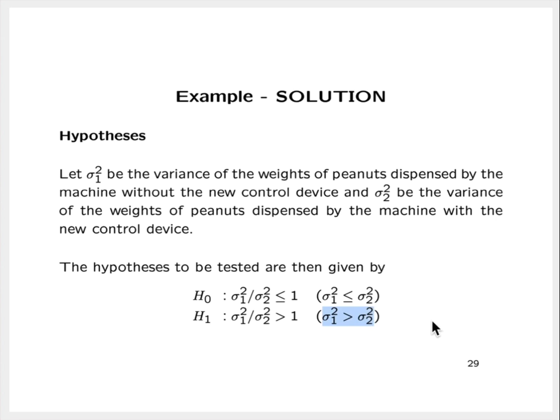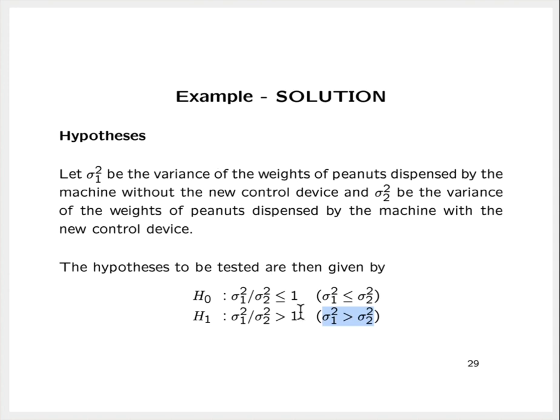Now, based on the definition of sigma 1 squared and sigma 2 squared, what we're looking to see is if there's sufficient evidence to conclude that sigma 1 squared is greater than sigma 2 squared. In other words, if the variance of weights of peanuts dispensed by the machine without the new control device is greater than the variance of the weights of peanuts dispensed by the machine with the new control device.